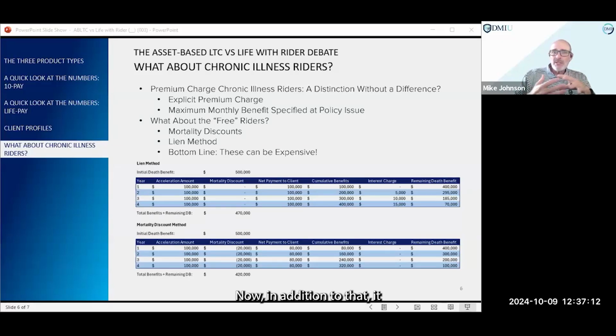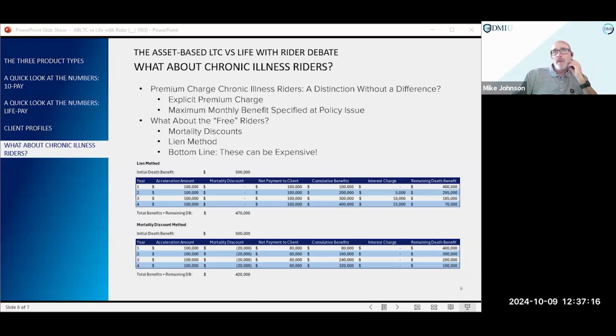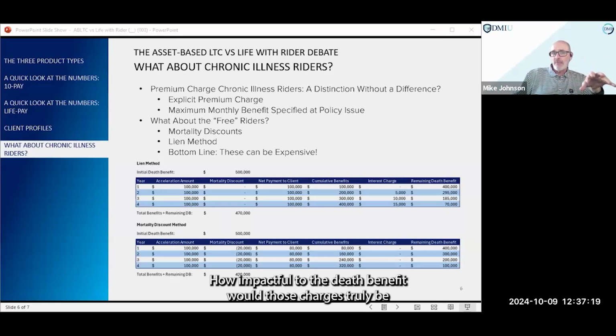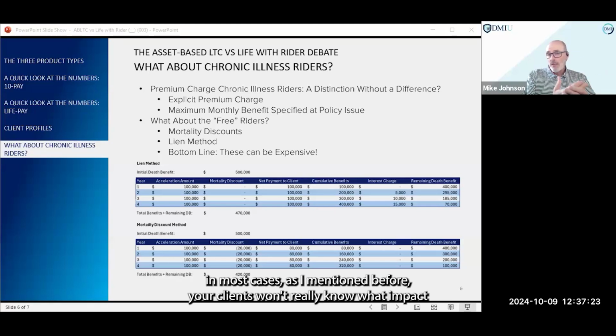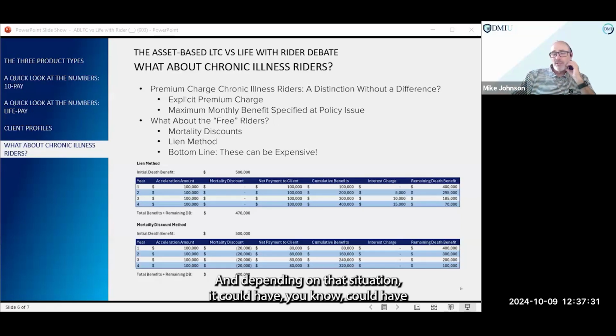Now, in addition to that, it begs the question, right? Are we robbing Peter to pay Paul? How impactful to the death benefit would those charges truly be? In most cases, as I mentioned before, your clients won't really know what impact that would be until they start tapping into the benefit. And depending on that situation, it could have potentially adverse effects to their care planning and their legacy planning.